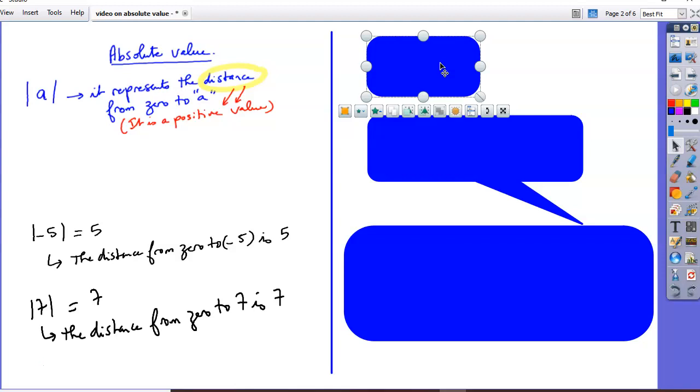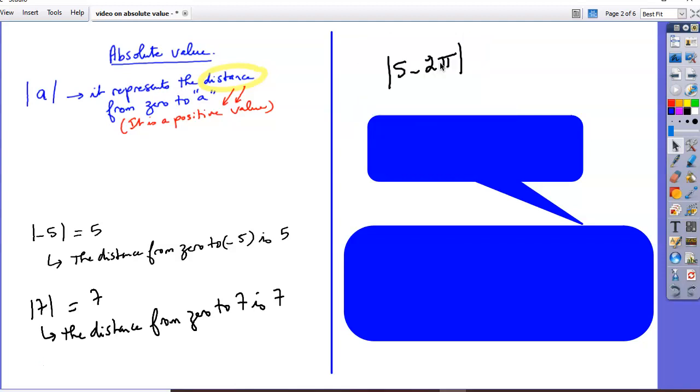Now, to find the absolute value of 5 minus 2 pi, we have to think about what is the sign of the quantity 5 minus 2 pi. Pi is 3.14, so 2 pi is larger than 5, and then 5 minus 2 pi is a negative value.